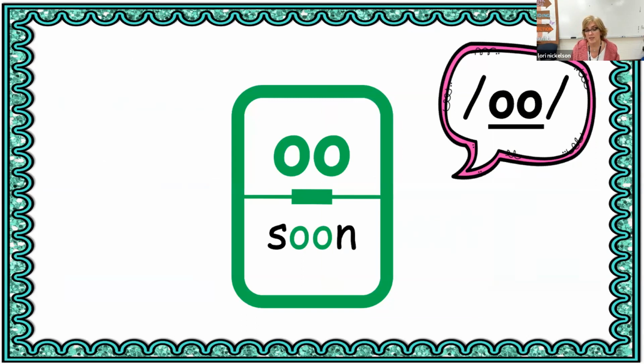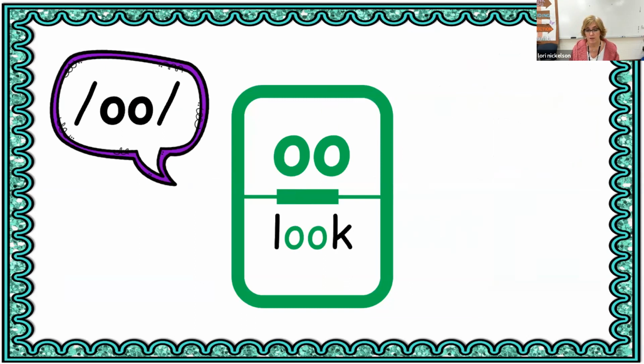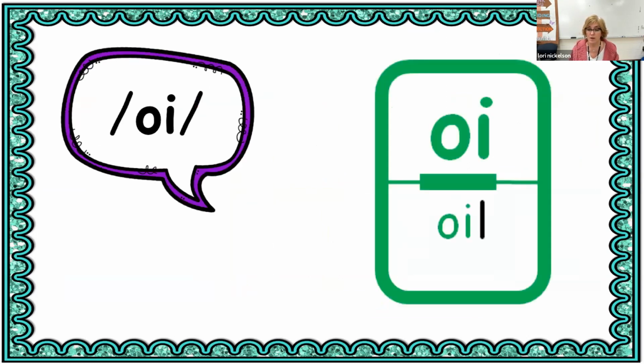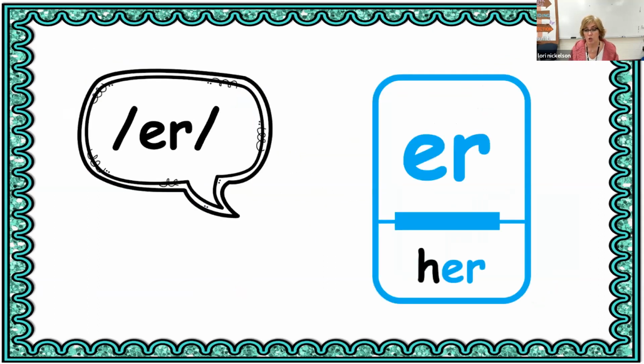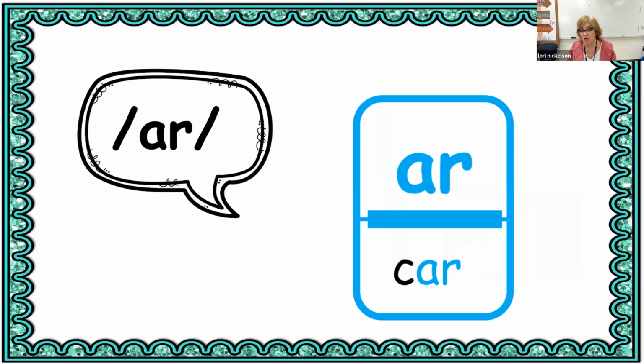What about ooh as in moon? As in look. As in book. Oi as in oil. Oi as in boil. Aw as in paw. Aw as in raw. As in her. As in earth. R as in car. R as in hard.